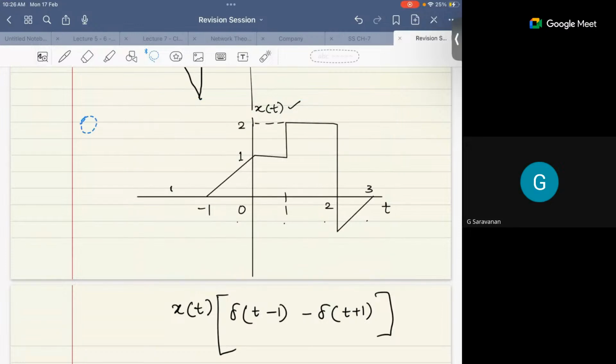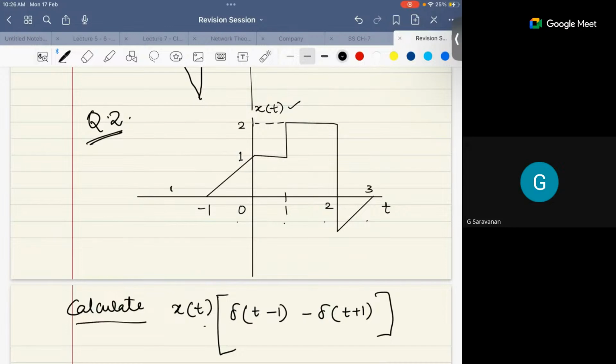This is the same question. The question number 2 is, the same signal has been given to you, x of t, and now it has been asked to calculate x of t times del of t minus 1 minus del of t plus 1. What you would have done? The basic properties, you know, of the delta.